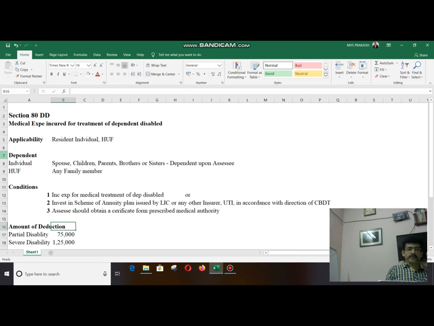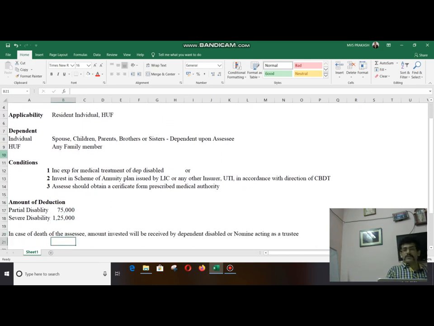This person has to incur treatment expenses for the dependent disabled or invest some money in a scheme of annuity plan of Life Insurance Corporation or any other insurer, or units of UTI or any other prescribed as per the CBT. And this person should obtain a certificate from the prescribed authority stating the disability is partial or severe. Depending upon the disability, either 75,000 rupees if the disability is partial, or 1,25,000 rupees if the disability is severe.